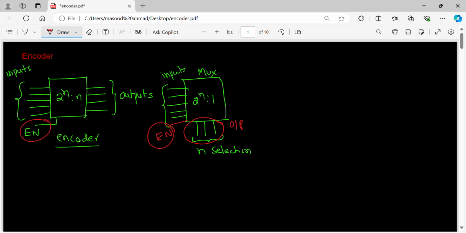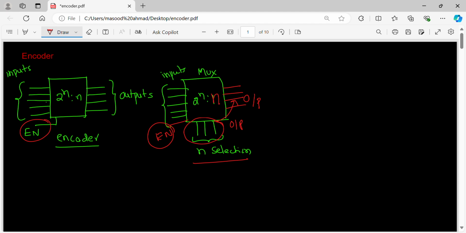The n selection lines, if you move this side, are outputs instead of inputs. So the selection lines have changed to output lines. Then how many lines are there? Instead of one output line, there will be n output lines.